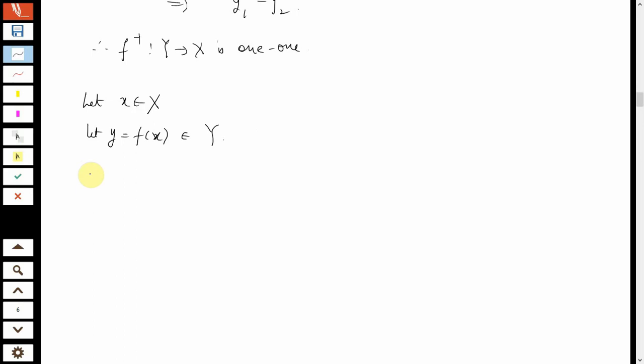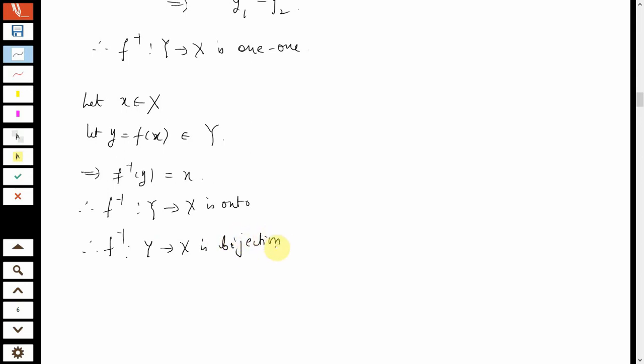So whenever y is equal to f of x, this implies that f inverse of y is equal to x, and we are done. So we have produced a point in Y such that its image through f inverse is equal to x, and hence we see that f inverse from Y to X is onto. So therefore f inverse from Y to X is a bijection.